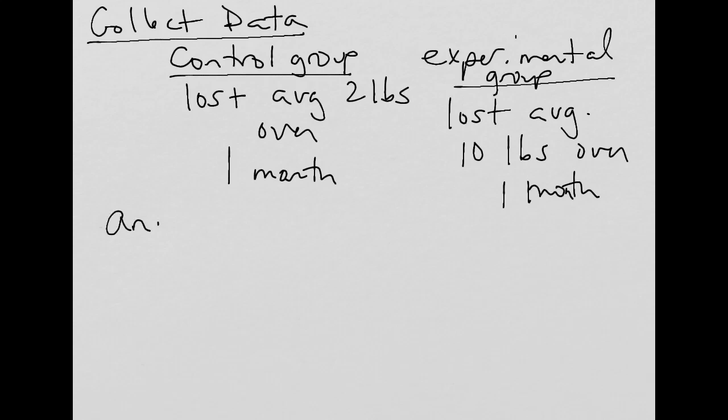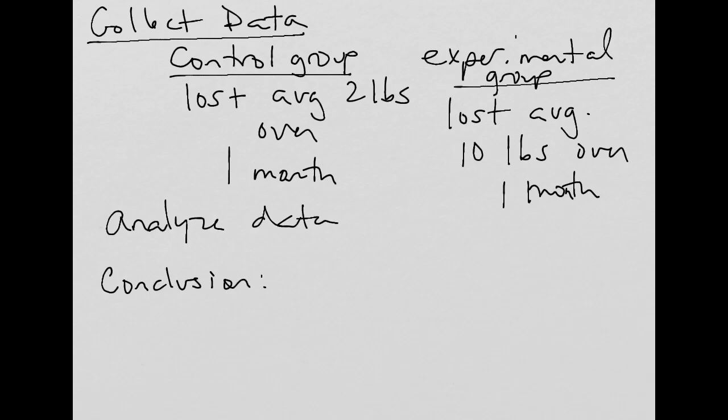You would analyze this data statistically, and there are programs and math that you can compute to tell you whether or not it's statistically significant, whether it's real and reliable data that you have collected. Okay, and then from there you'd make a conclusion.